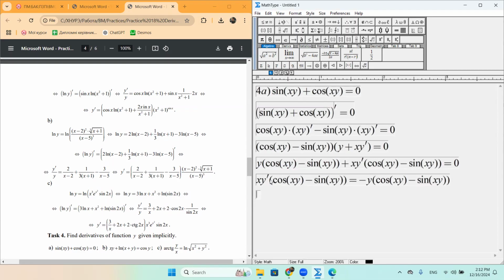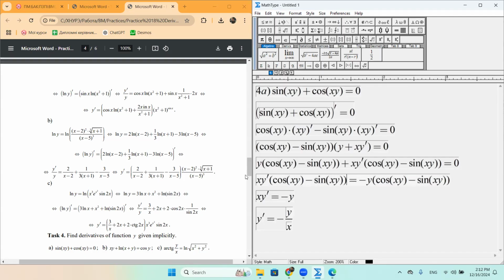Dividing first of all both parts by this expression, we will receive xy prime equals minus y. And finally, y prime equals minus y by x.